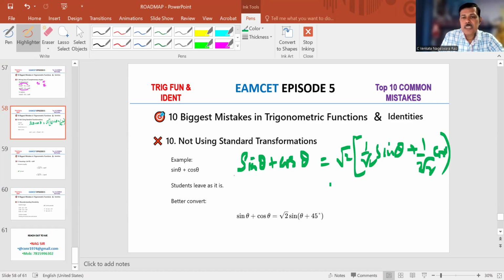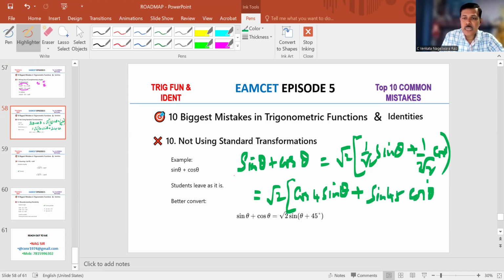Then I make it the sine A cos B plus cos A sin B form. So I can write root 2 times cos 45 sine theta plus sine 45 cos theta, or sine theta sine 45 plus cos theta cos 45. Then I have to convert it into sine of A plus B or sine of A minus B.